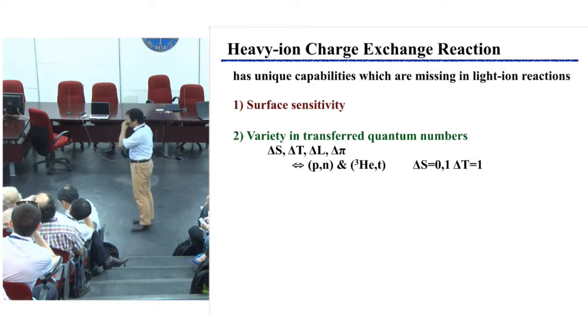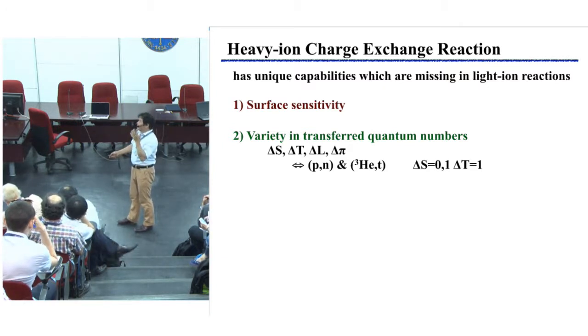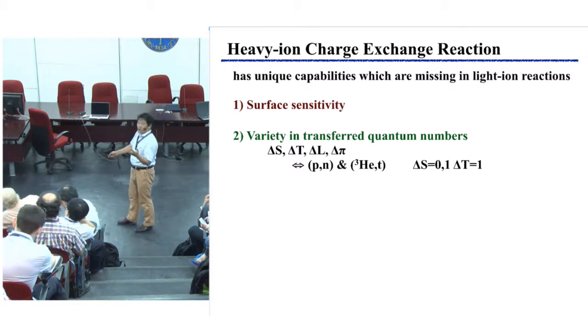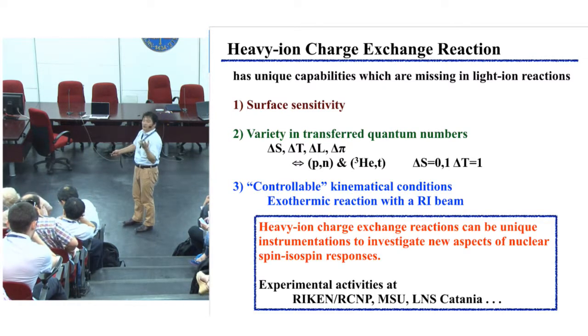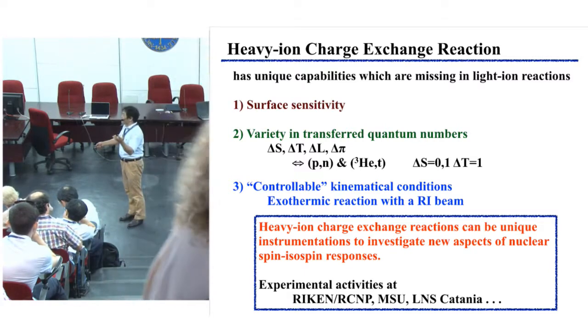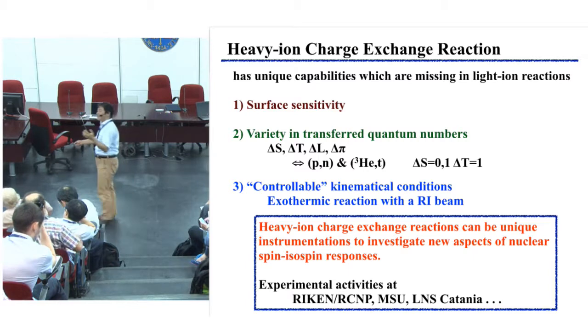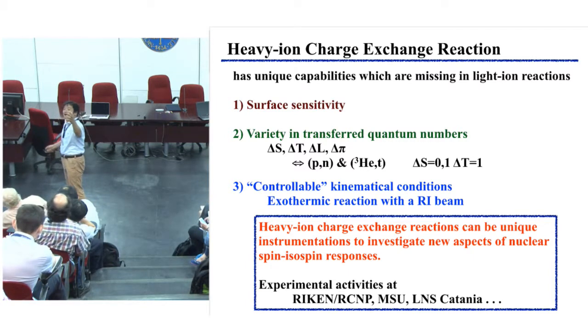And the last one, which is available only with a radioactive nuclear beam, is that with this reaction we can control the kinematic condition. More specifically, I will introduce the case of an exothermic reaction with which we can excite a highly excited state in a recoilless manner. I will come back to this point later.